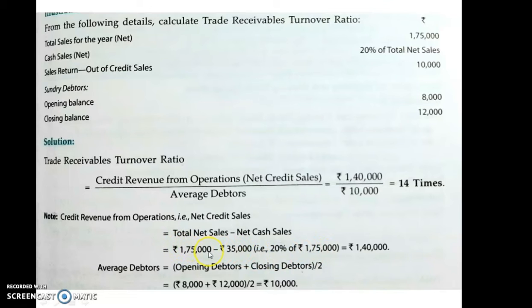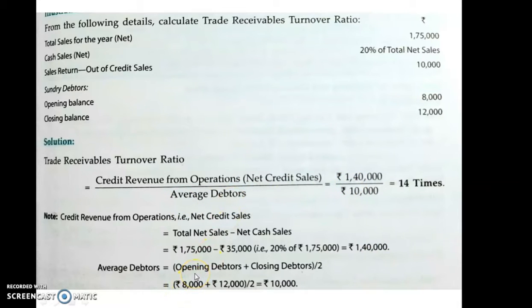Out of total net sales, if you deduct net cash sales, you will get net credit sales, that is 1,40,000. That is the upper part of your formula, and that amount you have to write over here. Okay. Next is average debtor.